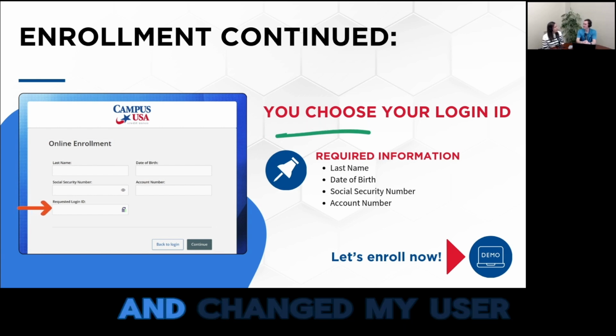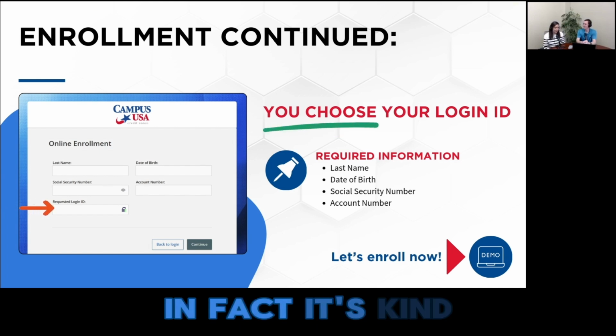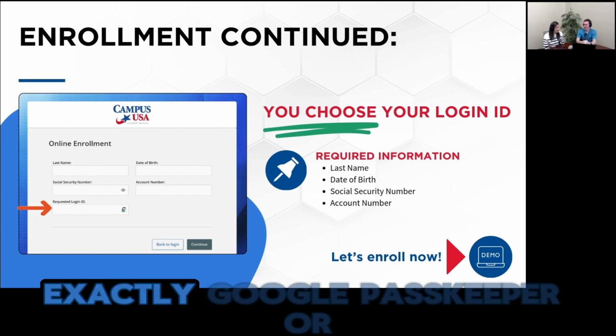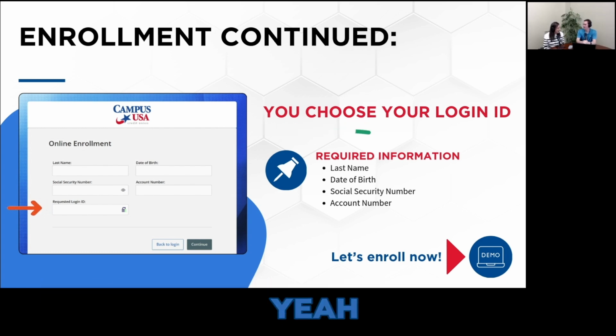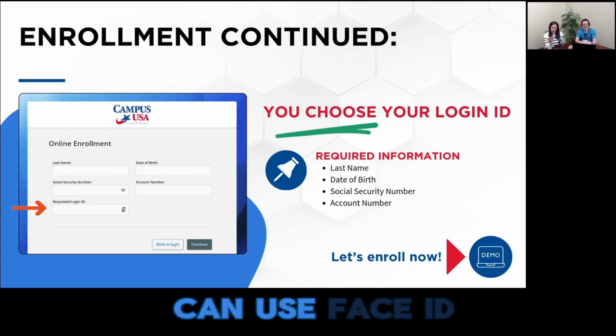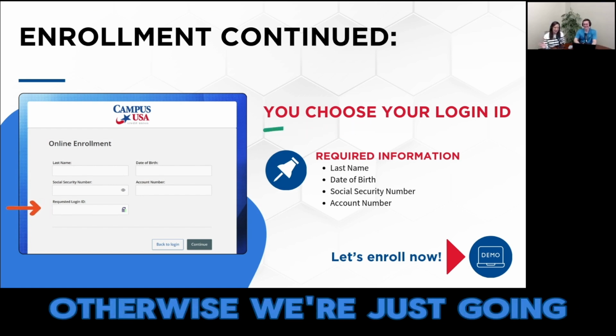So we went ahead and changed my user ID to something that I don't use on any other website. In fact, it's kind of hard to remember, but that's what keeping a passkeeper is for, right? Exactly. Your Google Passkeeper or something along those lines. You don't have to remember it, but you can at least keep it secure. As long as I can use Face ID, I am good. Otherwise, we're just going to have to start over.